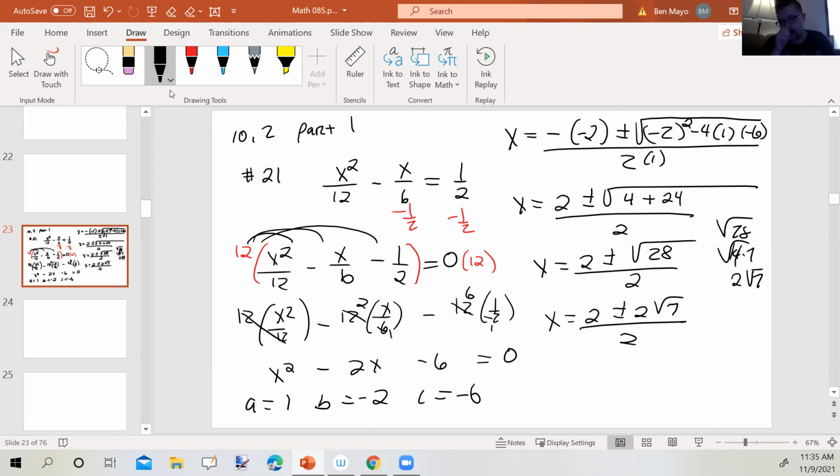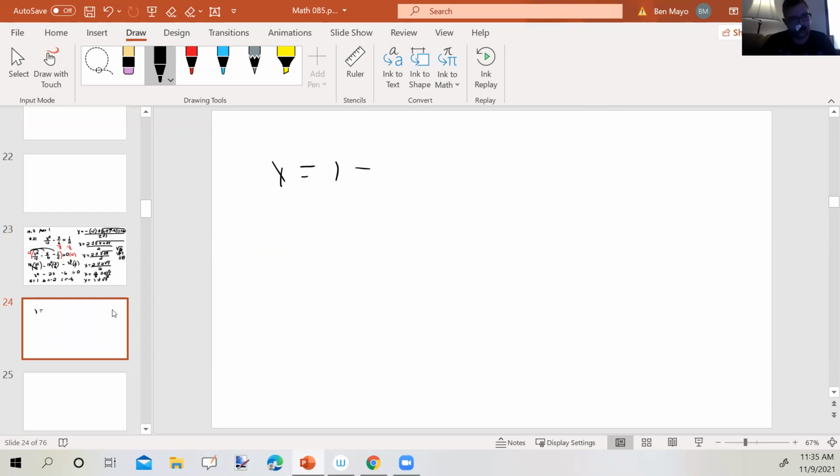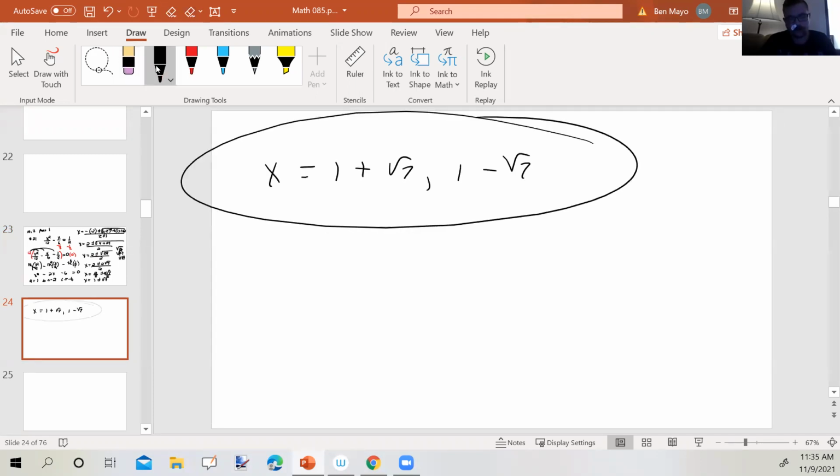We can then split it up and write 2 over 2 plus or minus 2 square roots of 7 over 2. x is 1 plus or minus the square root of 7. So we get x equals 1 plus the square root of 7, 1 minus the square root of 7 as our two answers. Any questions about that before we go on?